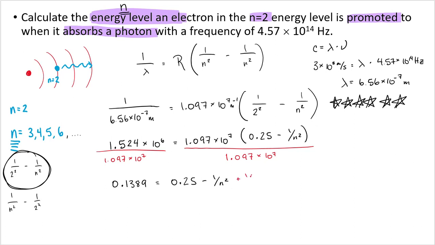I am going to add 1 over n squared to both sides, and I'm going to subtract the 0.1389 from both sides.